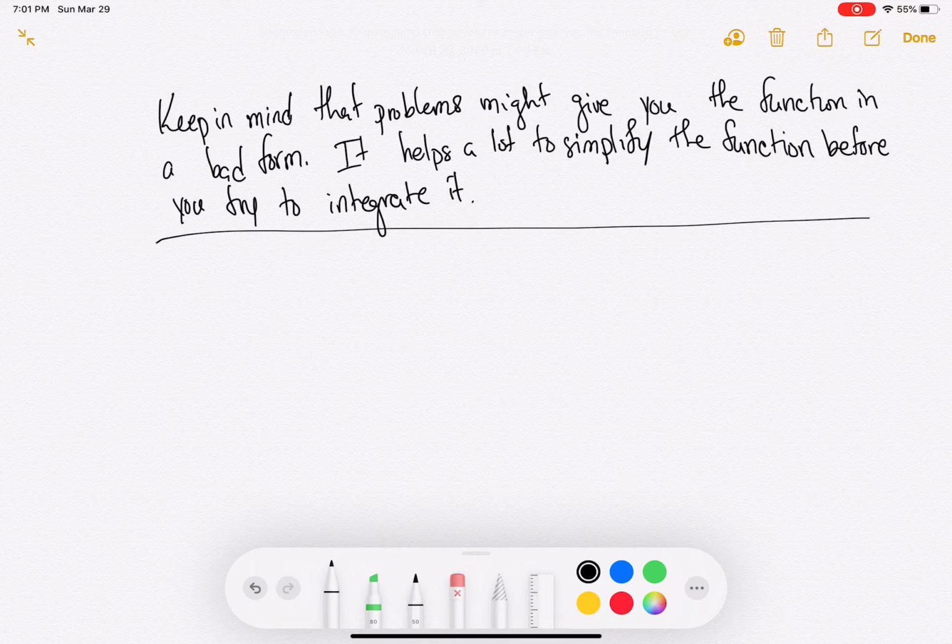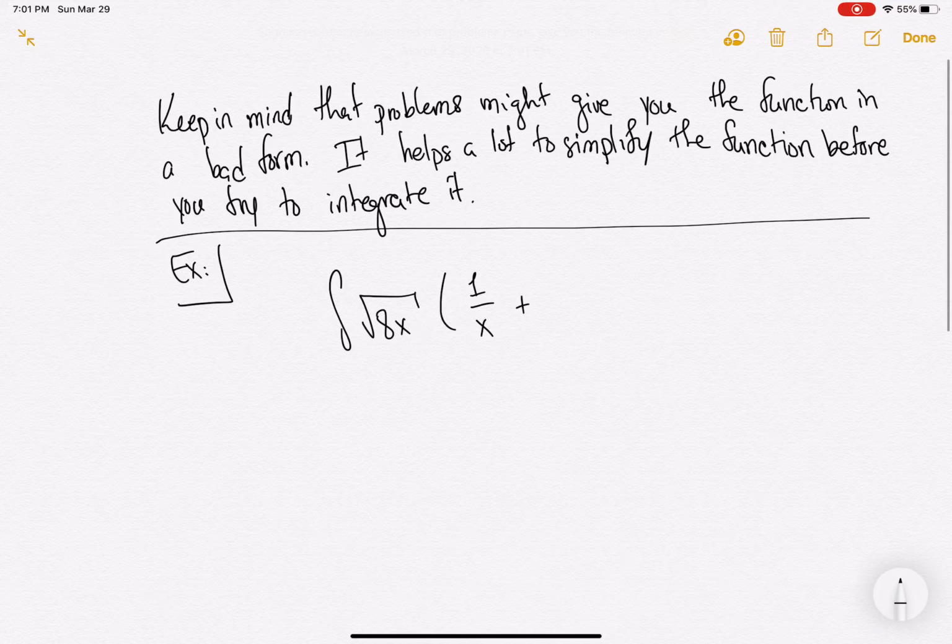An example of this is something like, square root of 8x times 1 over x plus e to the x to the 3/2.